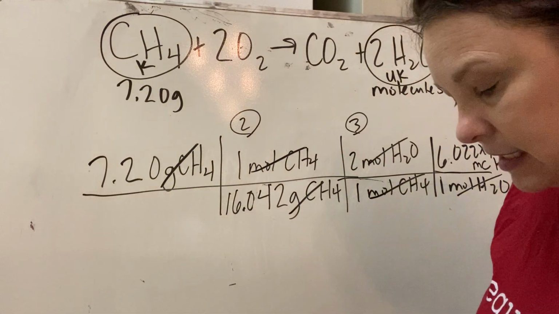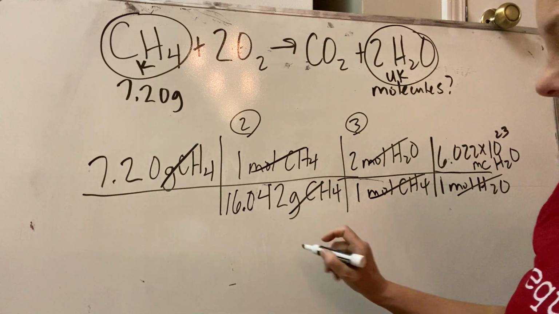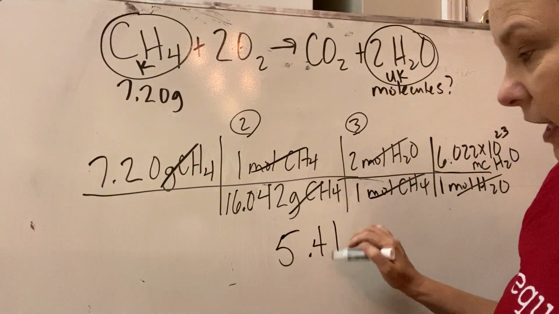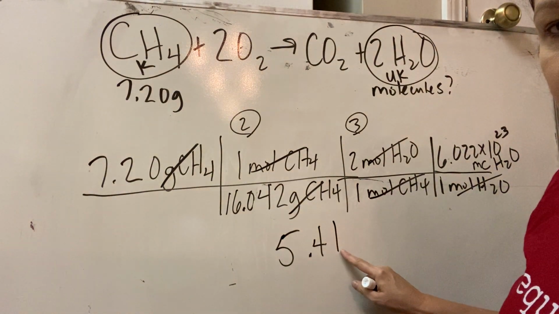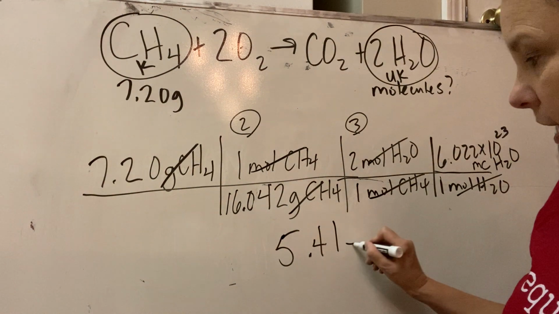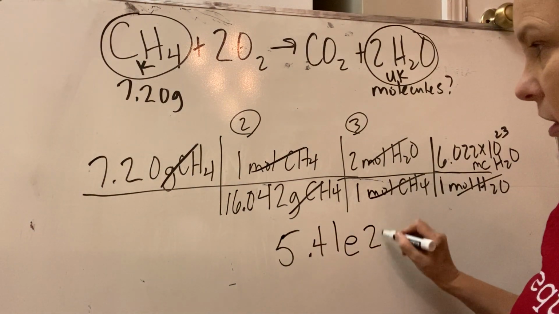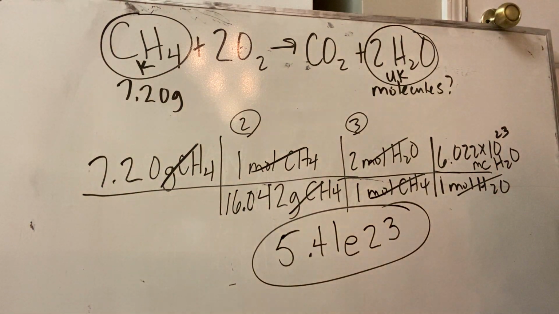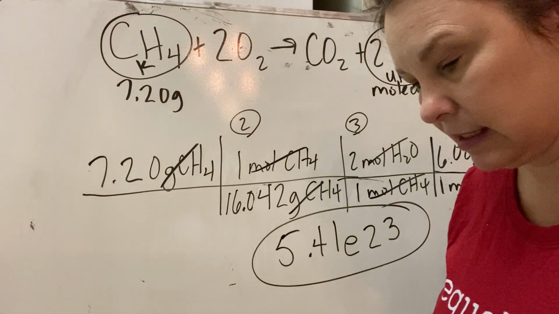And I get 5.41 if I round that last digit up 1, because the next digit is a 5, times 10 to the 23rd. All right? Okay. Good deal.